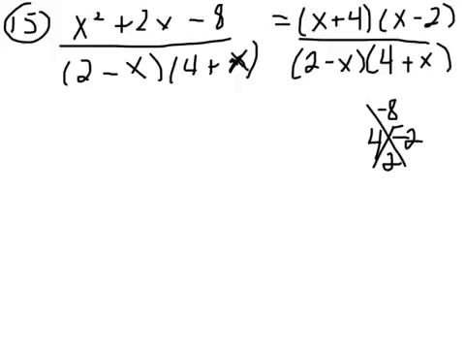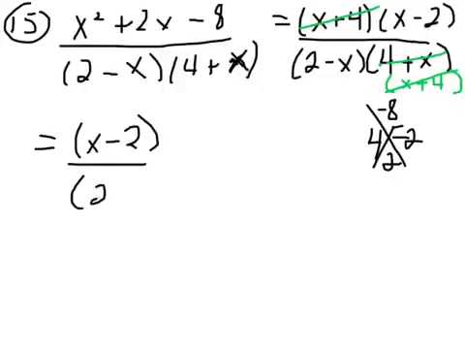Now, I can kind of see without doing too much, 4 plus x and x plus 4, that's the same thing. Let me just rewrite this as x plus 4. We usually don't have any trouble seeing that that's the same thing. Well, that would cancel these guys out, right? So what would I have left? I'd have left (x minus 2) over (2 minus x).